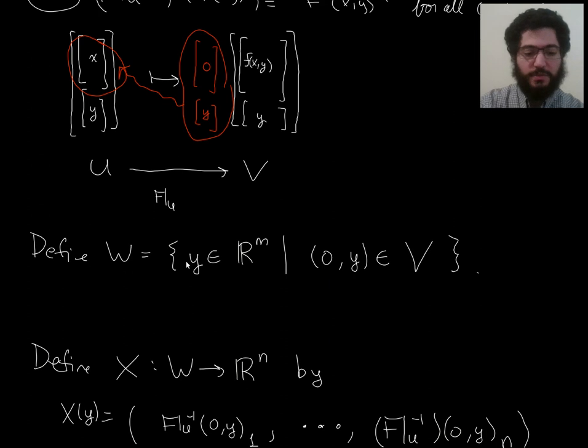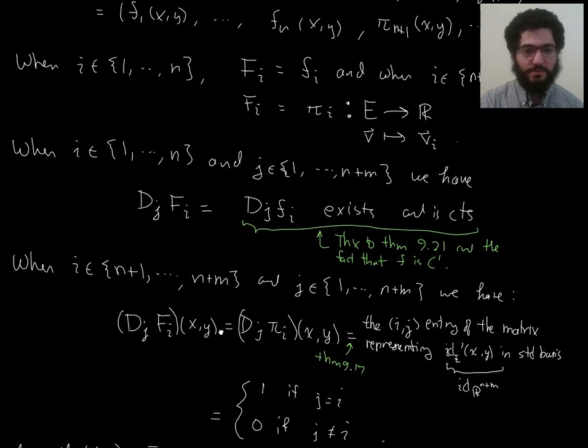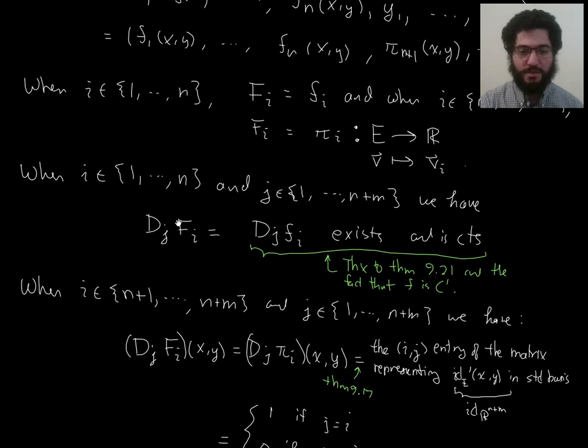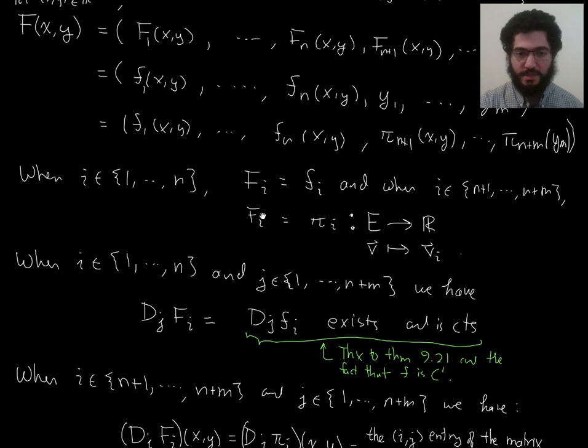Here's a way of cleaning it up. So I'm going to define some projection maps. These will be really useful later on, probably. I've already mentioned projection maps pi sub i earlier, when I was figuring out the partials of capital F. Sometimes some of the components of capital F are just projection maps.